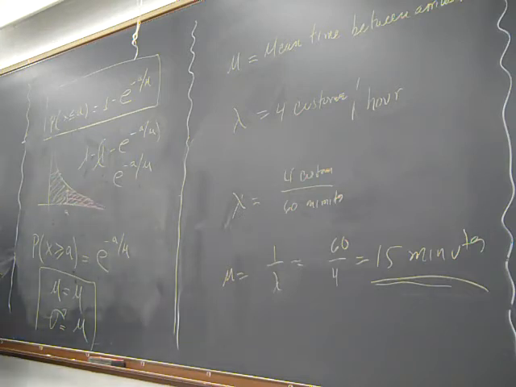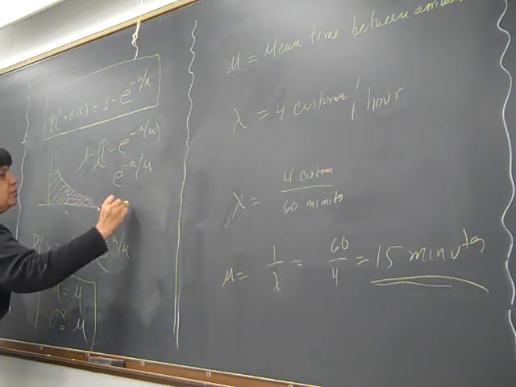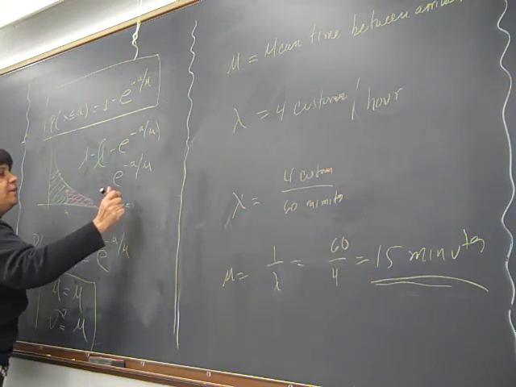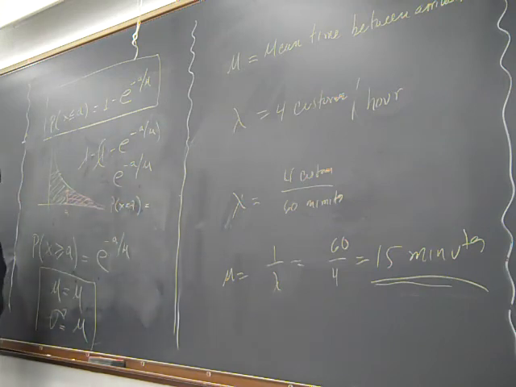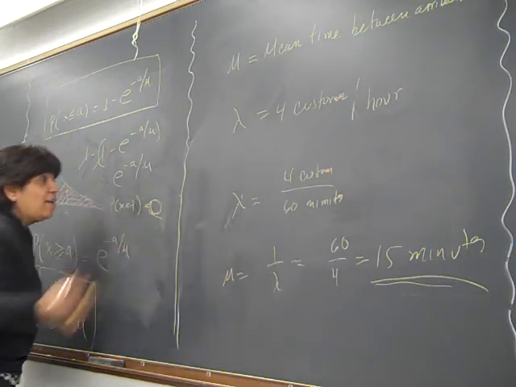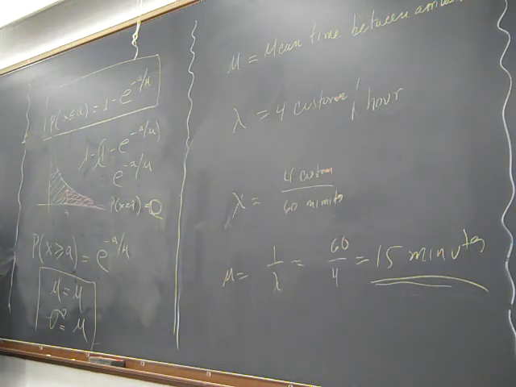Now, what is the probability that x is equal to 7? I don't have to give you any more. What is the probability that x is equal to 7 in the exponential distribution? 0. There are no areas. Remember, in continuous distributions, the probabilities are measured in areas.